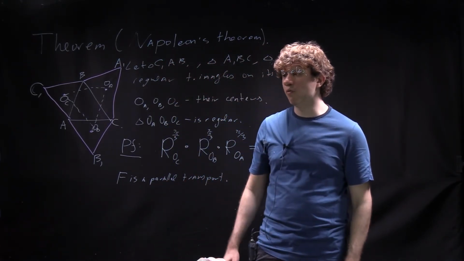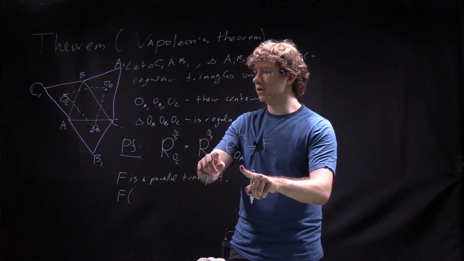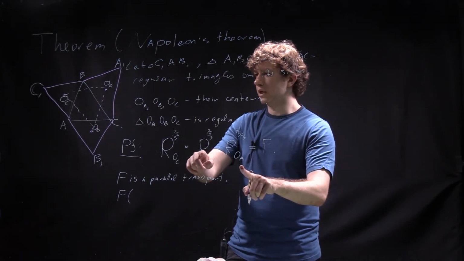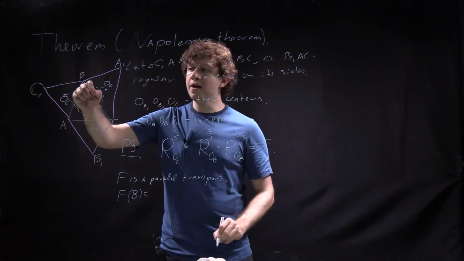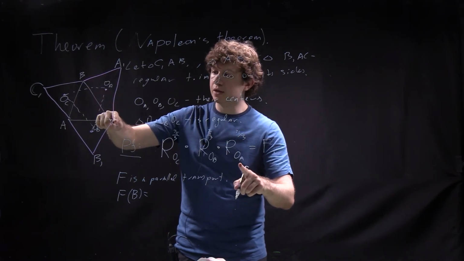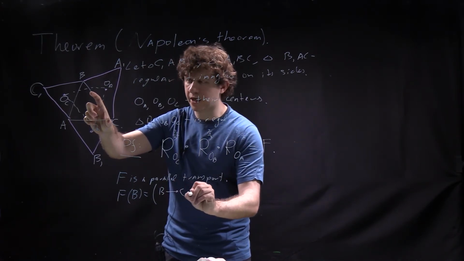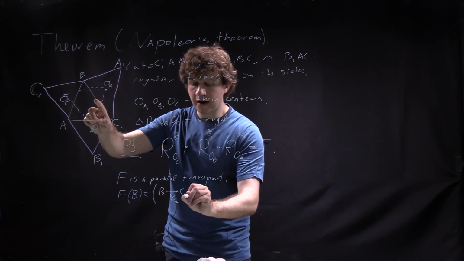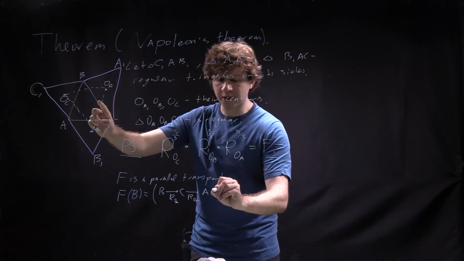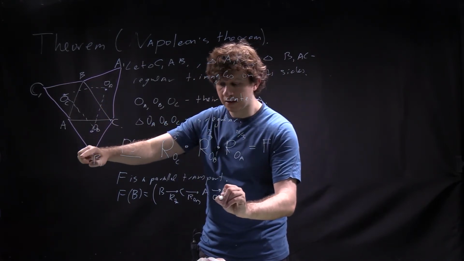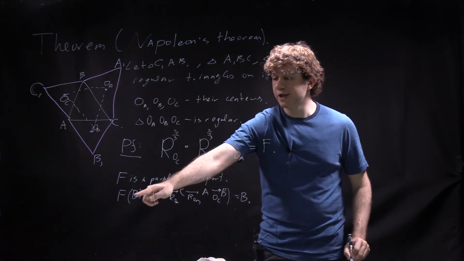But F fixes a point, because if I take F and apply it to a point B, then first B goes to C when I do rotation with the center OA, and then it goes to A when I do a rotation with the center OB, and then it goes to B when I do the rotation with the center OC, and so this will be B. But F is a parallel transport, and it fixes a point.